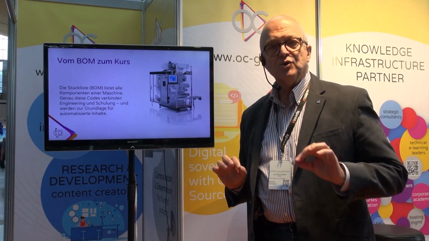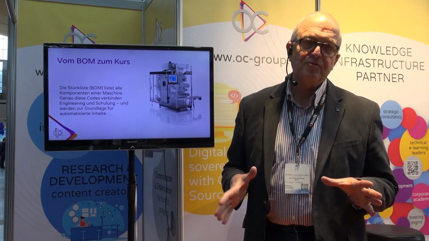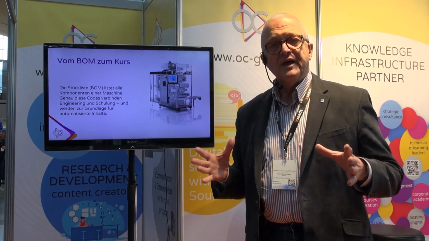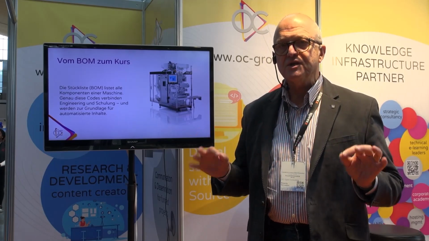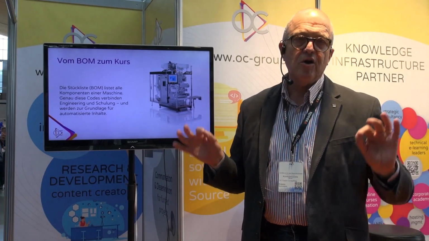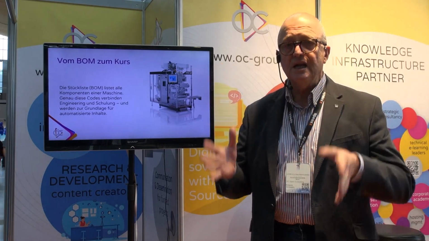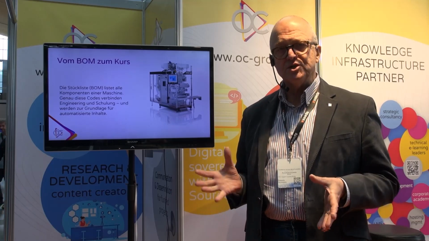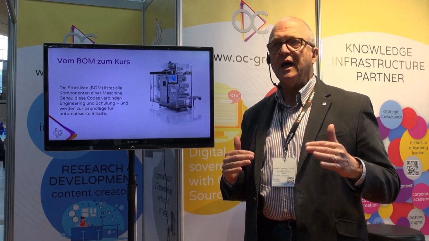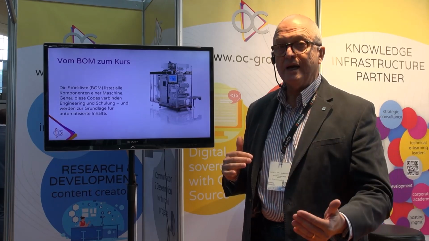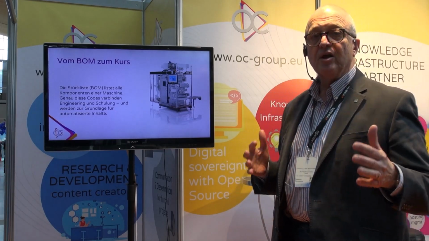Finally, we would like to underline a special feature that we developed as OC Group, that is creating a draft of the course from the bill of materials. The bill of materials is the list of all the components inside the machine, and of course you can create a draft of the training automatically from the bill of materials.